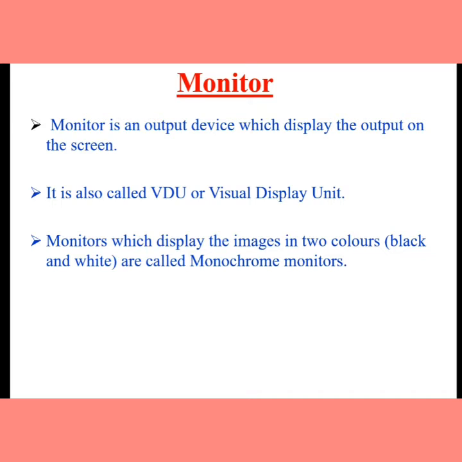It can display any output. Now the monitor which displays the images in only two colors, black and white, the monitors are called monochrome monitors, okay? So what are monochrome monitors? A monochrome monitor displays the image in two colors. What are the colors? Black and white, clear?